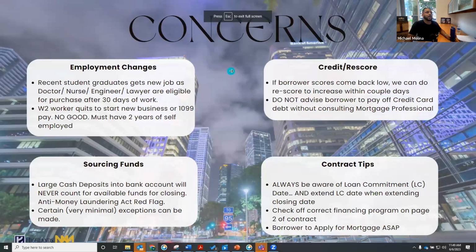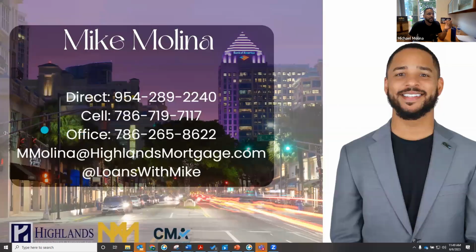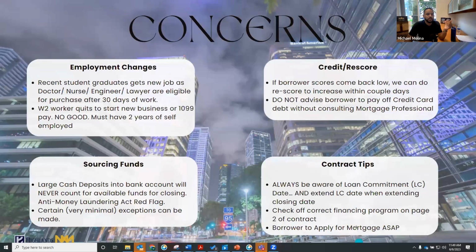Okay, so some concerns that we usually see: employment changes, recent student graduates. So if they just finish college, they don't need to work at a place for 2 years, right? They can apply right away with just an offer letter, and this says here they're eligible for purchase after 30 days of work.